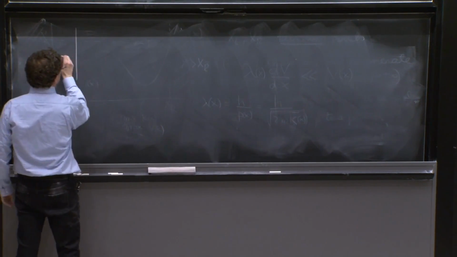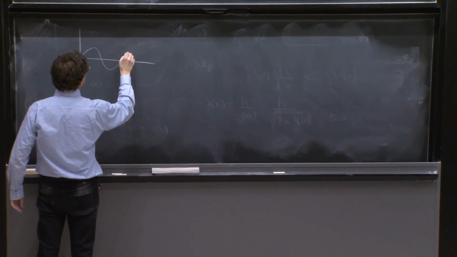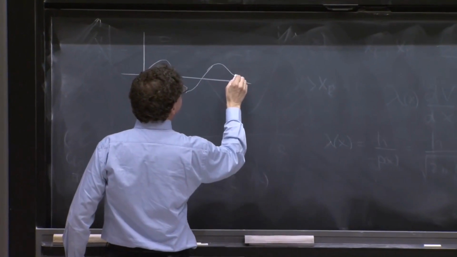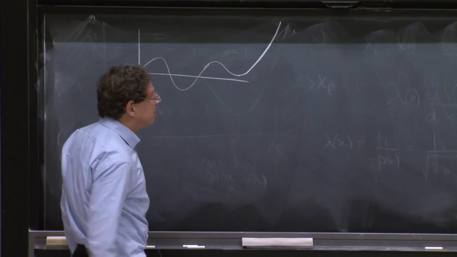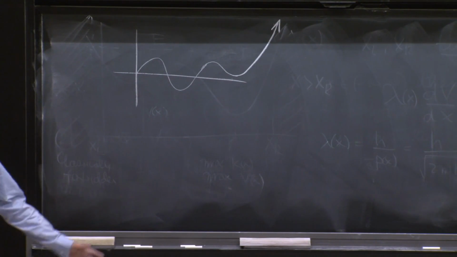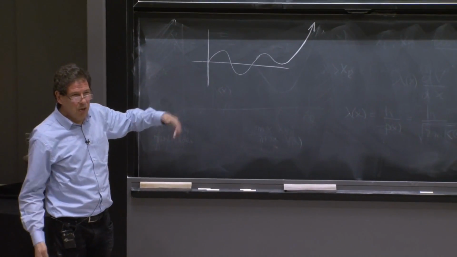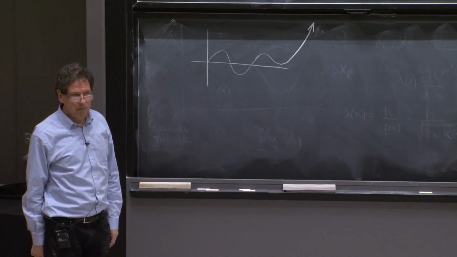If you pick some energy, the wave function will do something, and then it will start blowing up. And then you say, oh, that energy is no good because the wave function won't be normalizable.